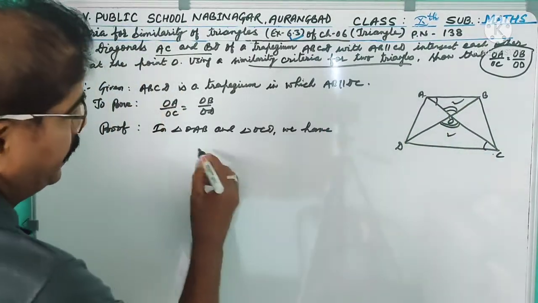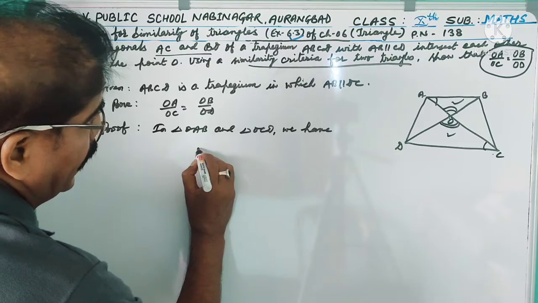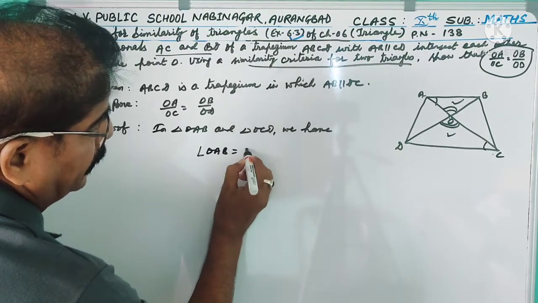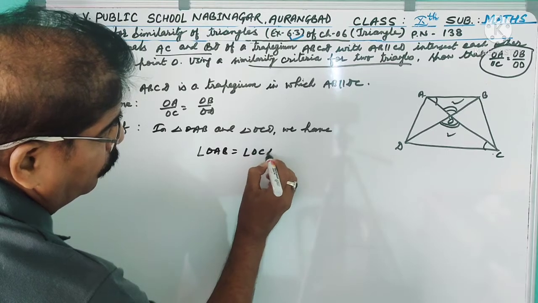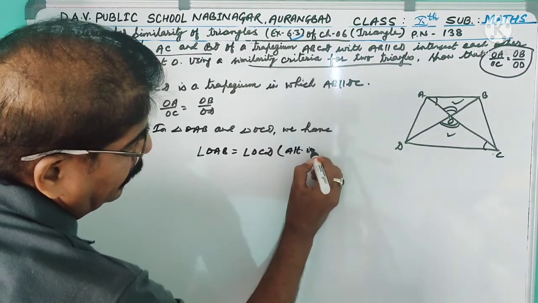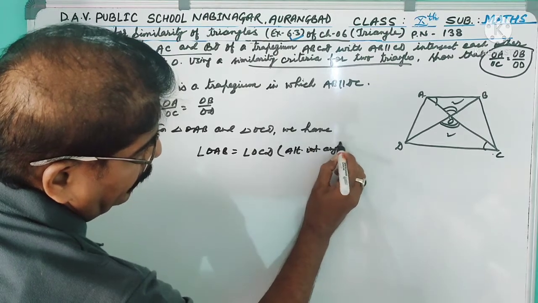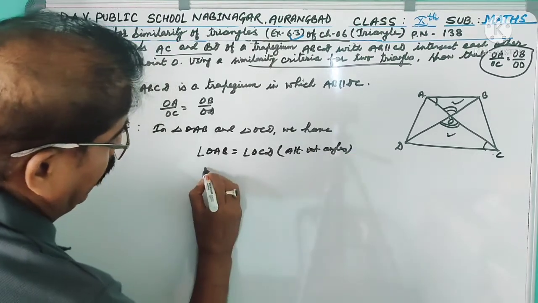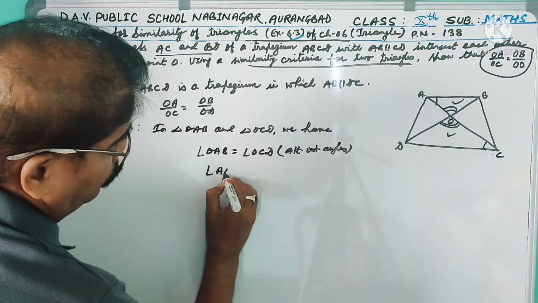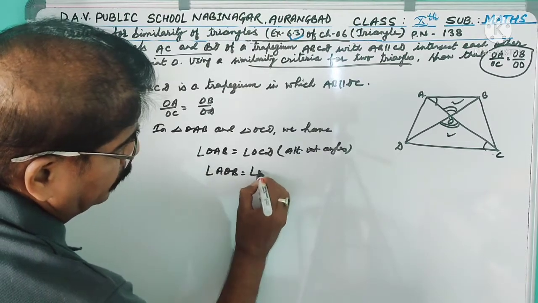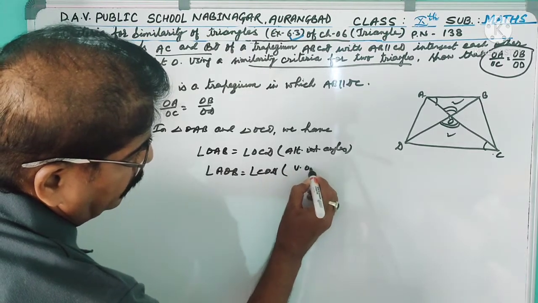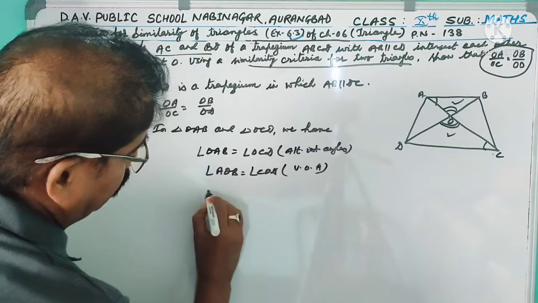In triangles OAB and OCD, angle OAB equal to angle OCD, alternate interior angles, and angle AOB equal to angle COD, vertically opposite angles.